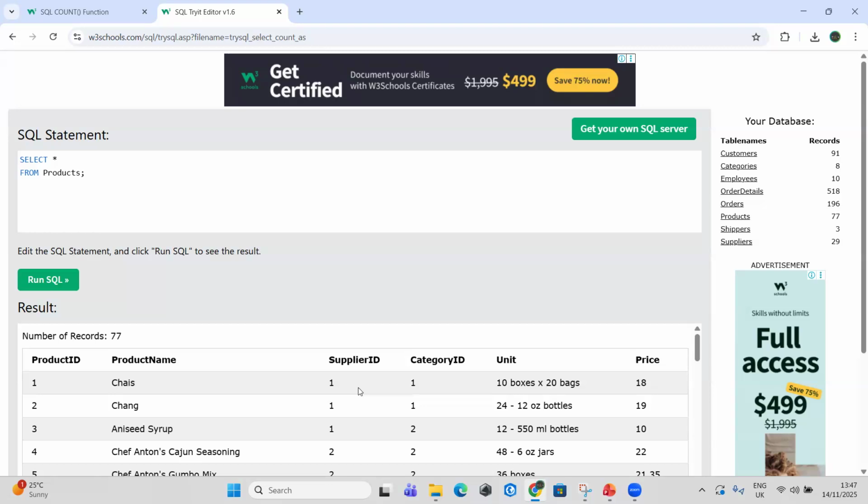It should be something like select count and then return me the number of suppliers I have, from select the supplier ID from the table name.